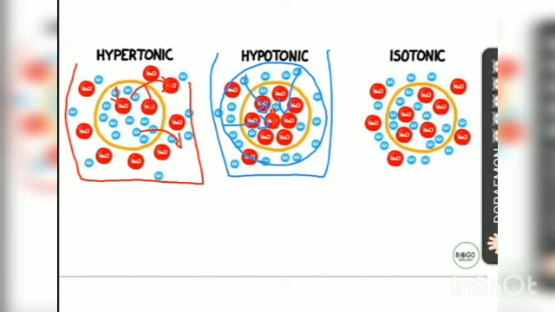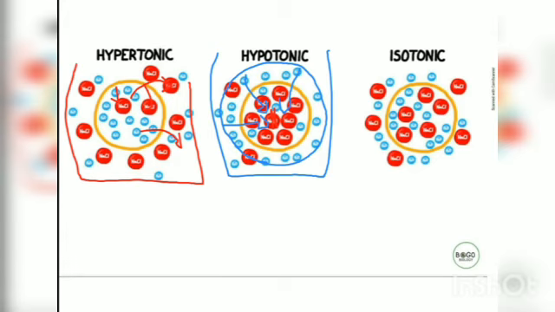And listen, in case of isotonic solution, look there, the solute concentration of cytoplasm, that means inside the cell, is the same as the solute concentration present in the solution. So in case of isotonic solution, the water cannot move from one place to another, because there is no concentration gradient, no concentration difference.